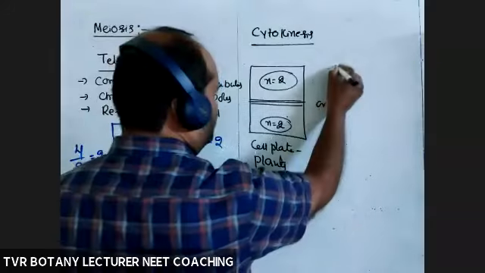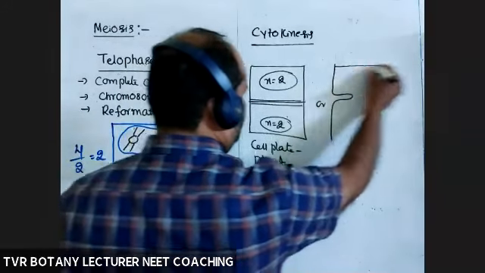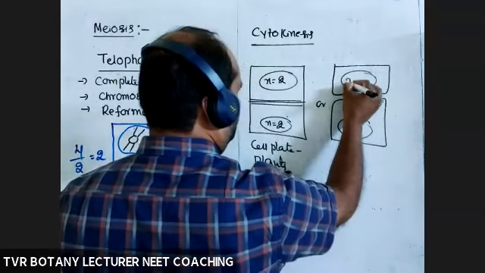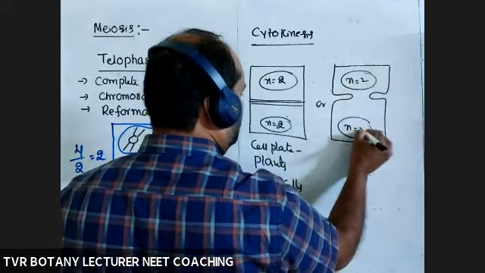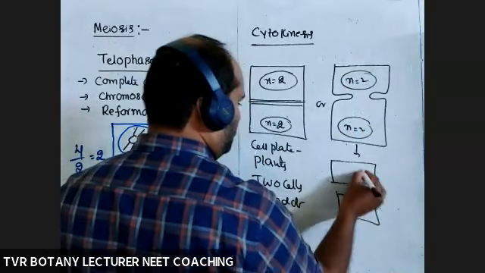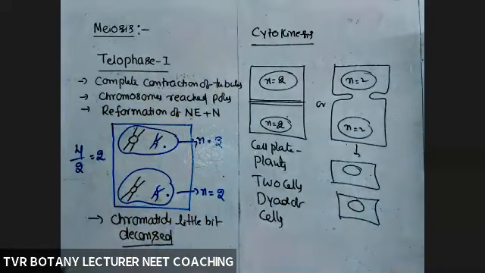Or constriction method in the case of animals. n2, n2. Furtherly, protoplast, dyad of cells. Okay, so that is about cytokinesis and overall meiosis 1. Meiosis 1 completed. Okay, is it clear? Right? Any objection?